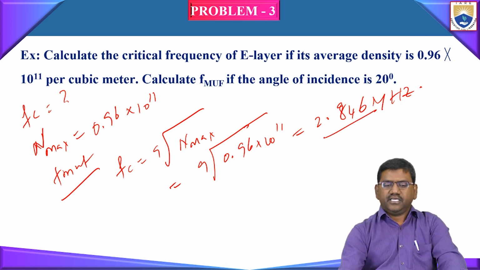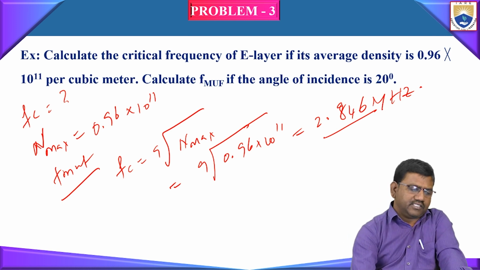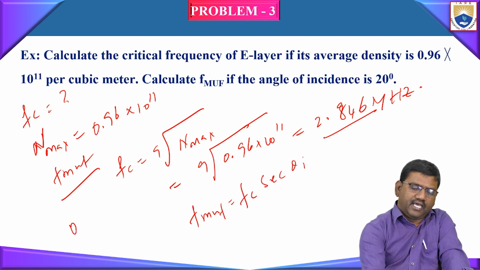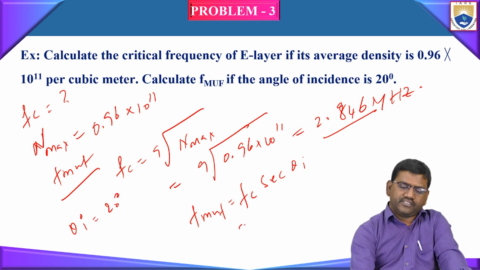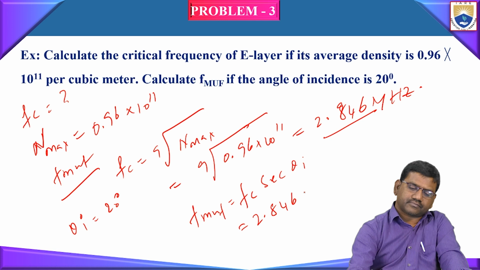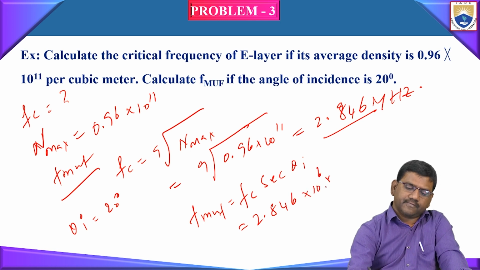And similarly, there is a secant law. What is the secant law here? MUF is equal to Fc secant theta i. The theta i is given as 20 degrees here. We know that Fc, the critical frequency, is 2.846 megahertz, that is 2.846 into 10 power 6.